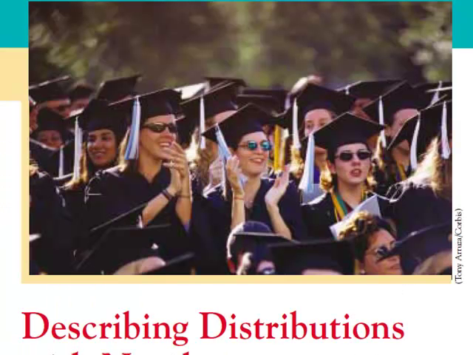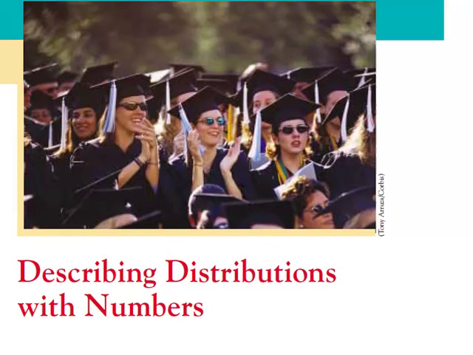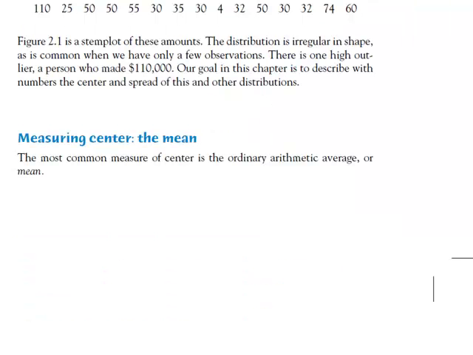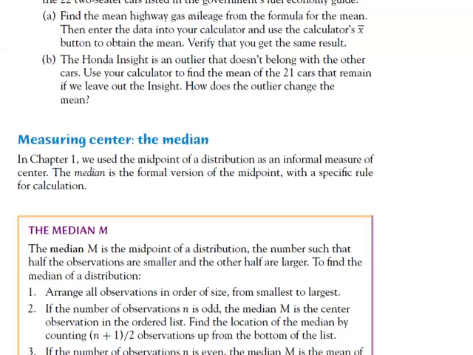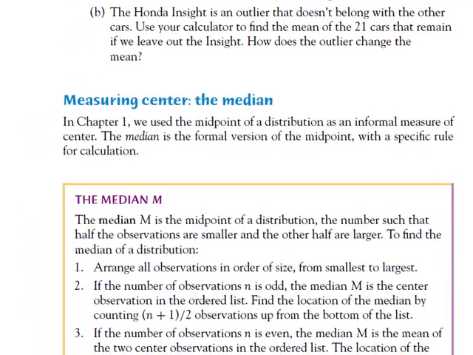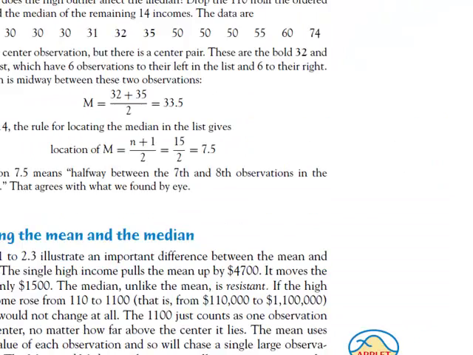Okay, now besides talking about symmetric and skewed, can we describe a distribution with numbers? So one thing we can talk about is the mean of the distribution, which just means the ordinary arithmetic average. On the other hand, we can also talk about the median, which I assume you know what it is.